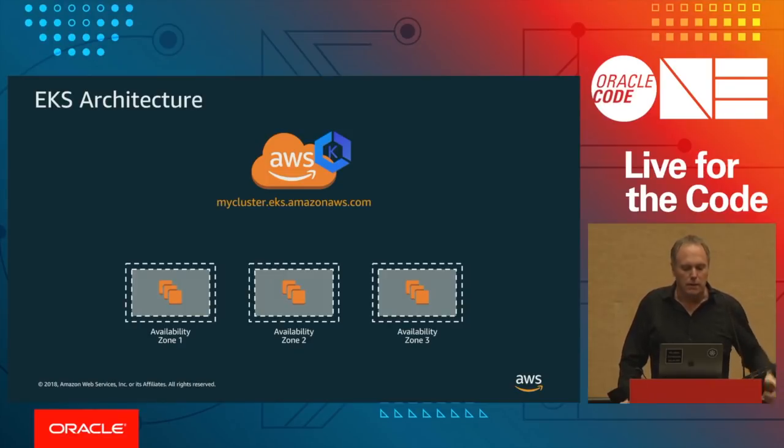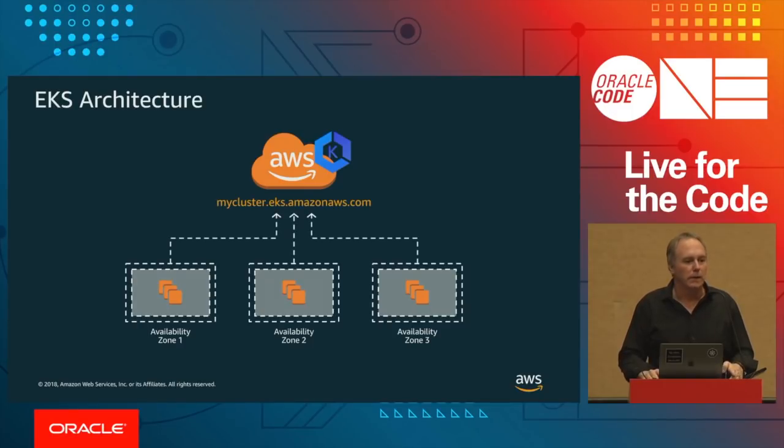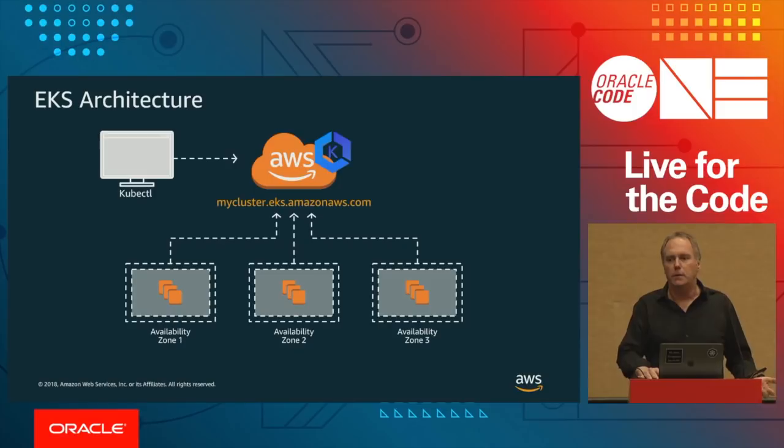That means it's running across 3 separate data centers, and it's scaled. It gets provisioned IOPS. We run snapshots at regular intervals, so it will be backed up and it can be restored. And all that you see from this managed Kubernetes service is a fully qualified domain name. It's the endpoint of the API server. And then you can use your standard tools like kubectl and talk to it. And this is what people want.